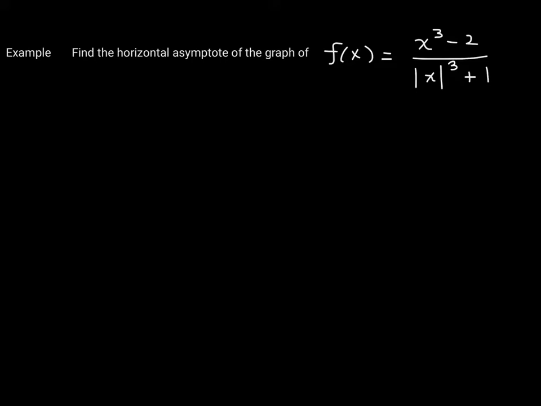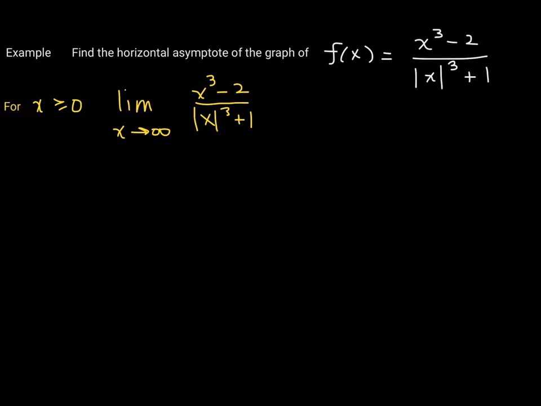Let's consider the limit as x approaches positive infinity, and let's consider the limit as x approaches negative infinity. Okay, first, for positive values for x, we are calculating the limit as x approaches positive infinity, right? That positive values for x means x is approaching positive infinity for our function.